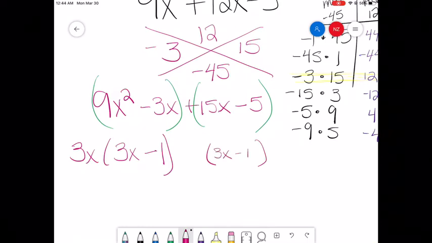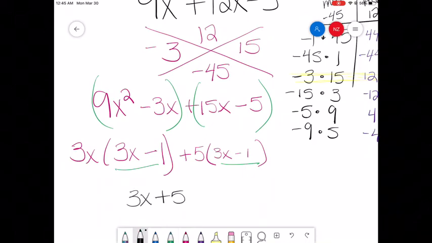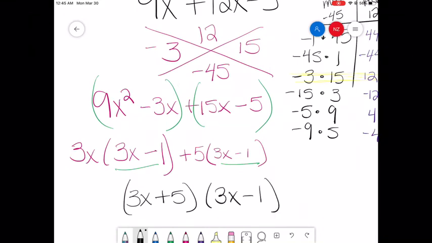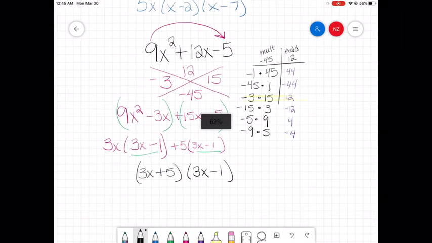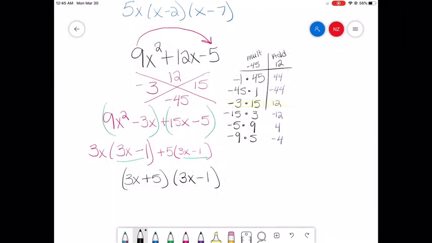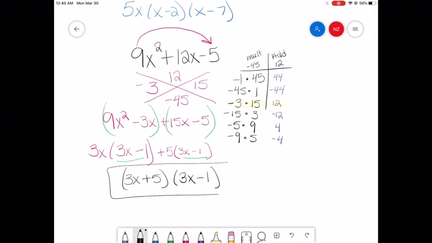So this is kind of like dividing 15x by 3x and negative 5 by negative 1. 5. So you can see these match, so that's good. My answer here would be 3x plus 5 and 3x minus 1. So now here is my factor.